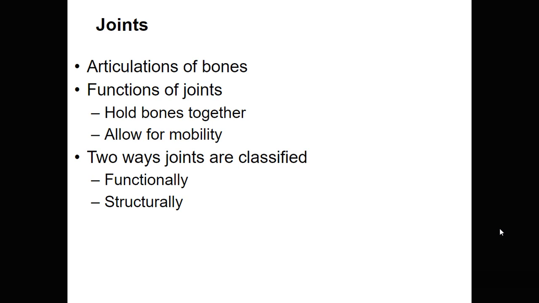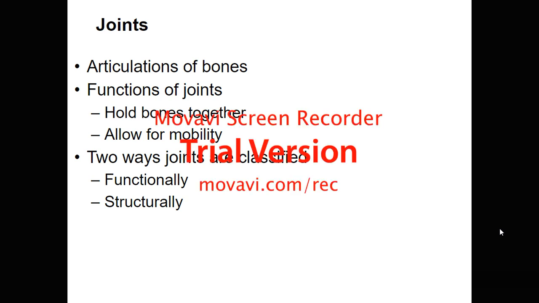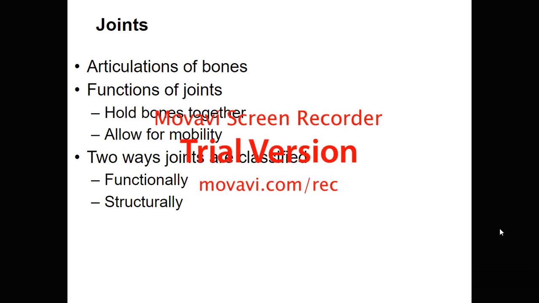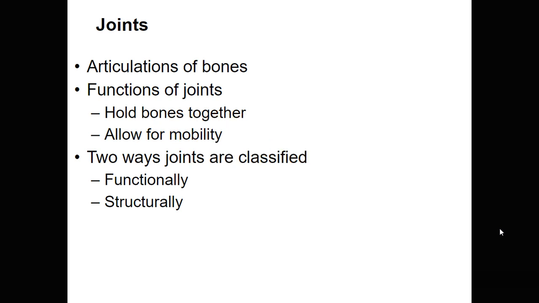So you have three different types of binding materials, and we're going to talk about each one of them in more detail. They are fibrous joints, where the fibrous material, collagen, is going to bind the bones together. Cartilage is going to bind the joints together. And then you have synovial joints, and synovial joints are the only joints that have a cavity, and it's filled with synovial fluid.